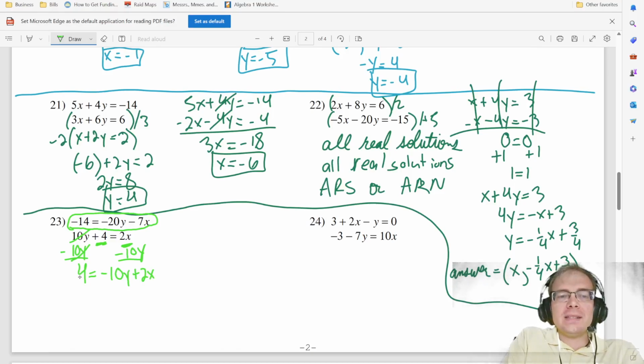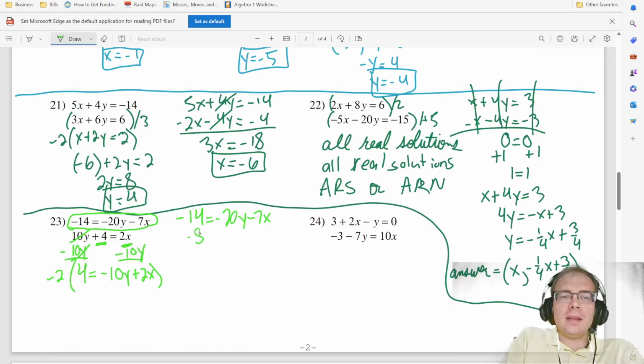So all of these things can divide. I can divide all of these by 2. However, I noticed that if I times this equation by -2, I can get my y's to cancel. So I'm going to do that. So -14 equals -20y minus 7x.